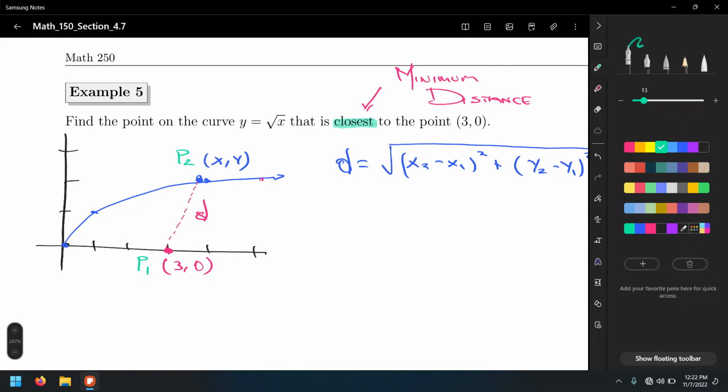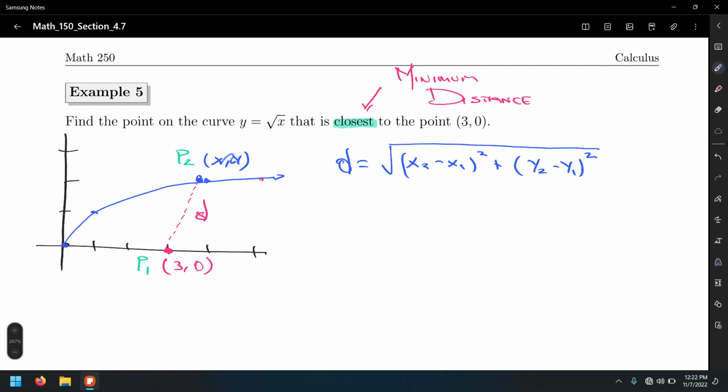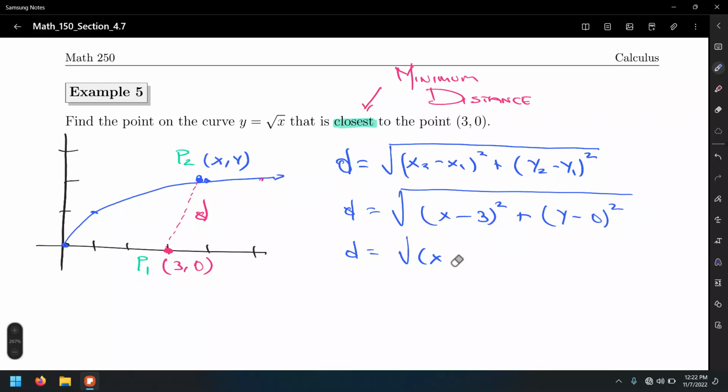So d equals the square root of (x minus 3) quantity squared plus (y2, which is just y, minus y1, which is 0) quantity squared. But what's y minus 0? Well, that's simply y. So we have two issues here.